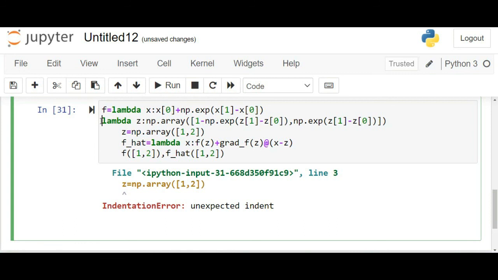So if it is correct, then line 3 has the problem. z is equal to np.array([1, 2]). Maybe z is not defined over here.